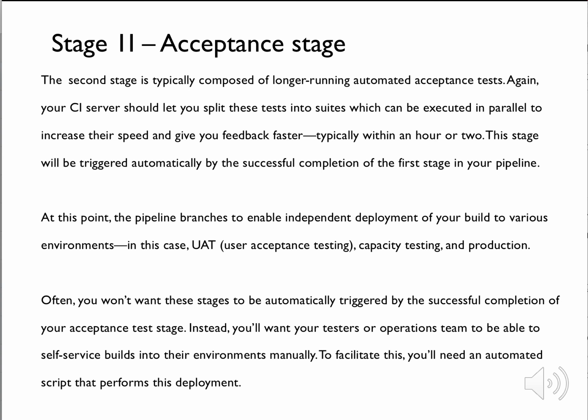After the automated acceptance stage is over, the operations team or the particular environment owner can create a build for their environment and deploy it there to test it manually or test some other functionality of the application. And to do all this, you don't have to rely on manual tasks. You can use automated scripts that perform the deployment.